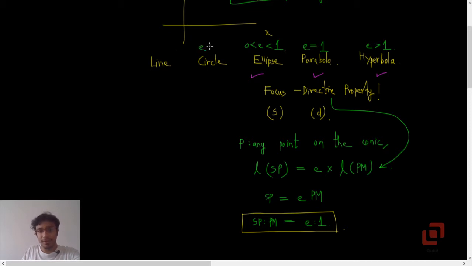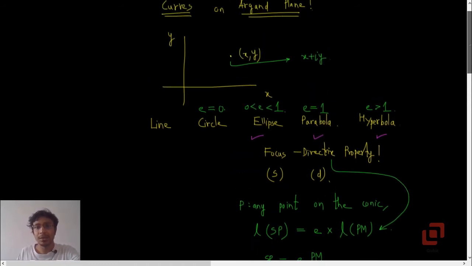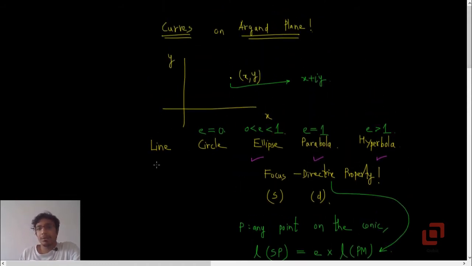We usually take the eccentricity 0 if it is a circle. Now all 5 curves can be represented, or their standard equations can be represented using complex numbers on the Argand plane or Argand diagram. So we are going to start with circle because that is the easiest among all of them.